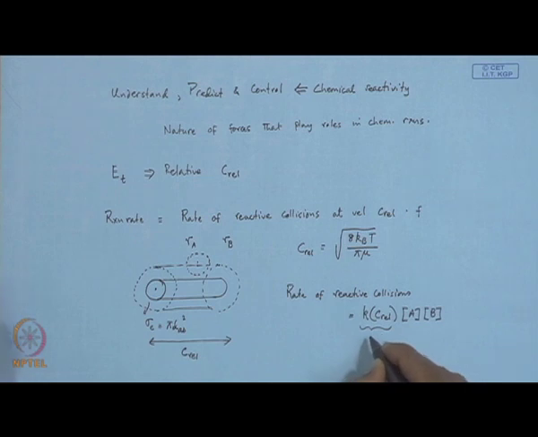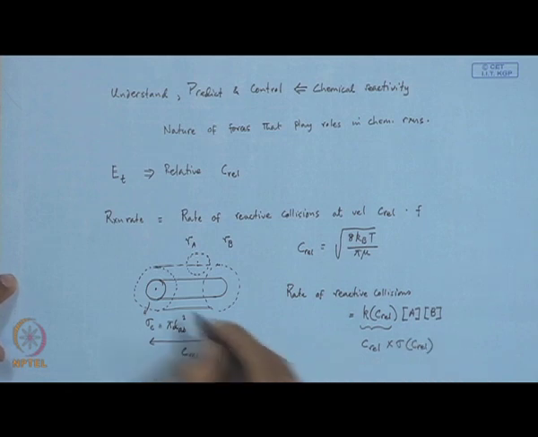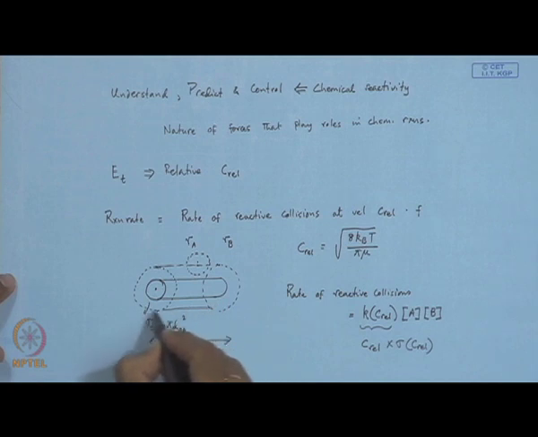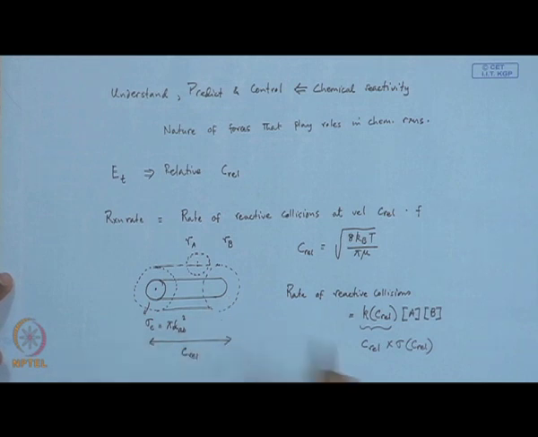So k c relative is nothing but your C relative into sigma. Okay. So this corresponds to the reactive collision volume.